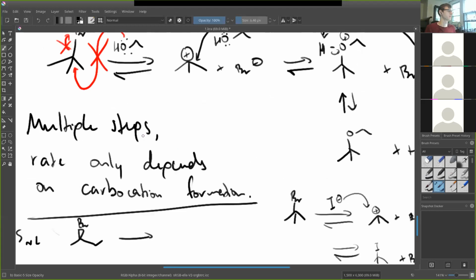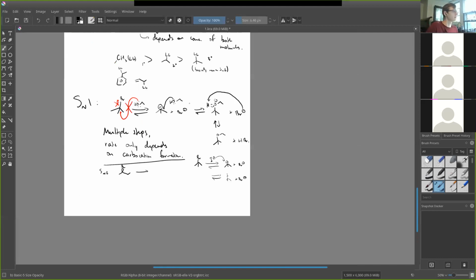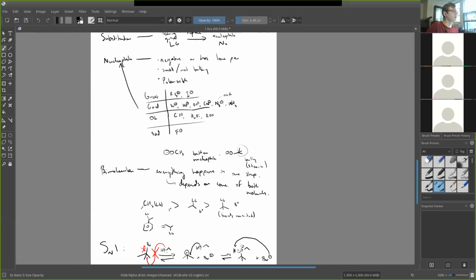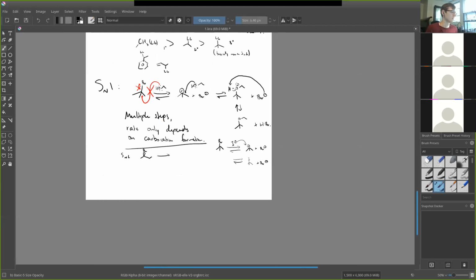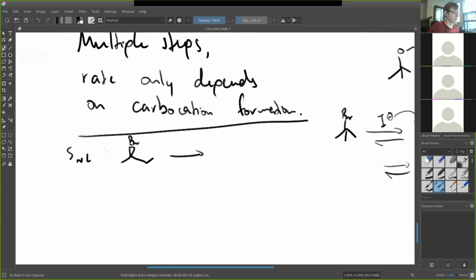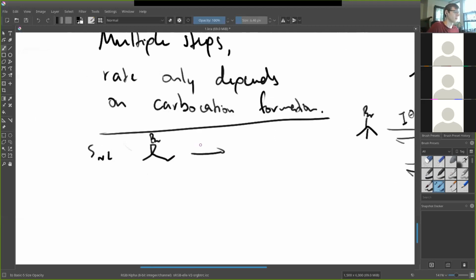Let me scroll up, see what we had. Let's use azide, which should actually probably be higher on the list. It's a really good nucleophile. So let's put it there. And then this is happening in whatever solvent.